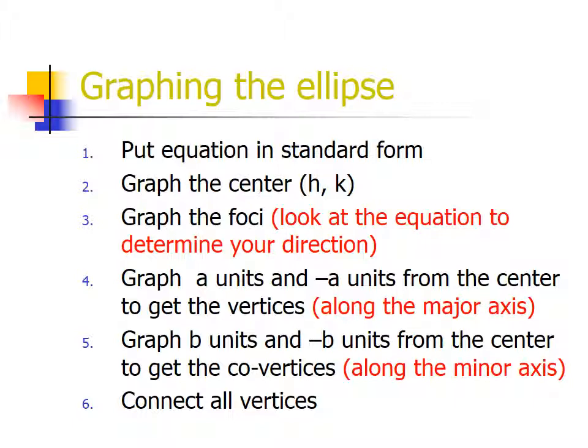We're going to use a, the square root of the larger denominator, to show us how far along the major axis we should go from the center in order to graph the vertices. We're going to use b, the square root of the smaller of the two denominators, to let us know how many units to move away from the center in order to graph the co-vertices, and those will be along the minor axis. We'll then connect those vertices, and we would have a beautiful ellipse.